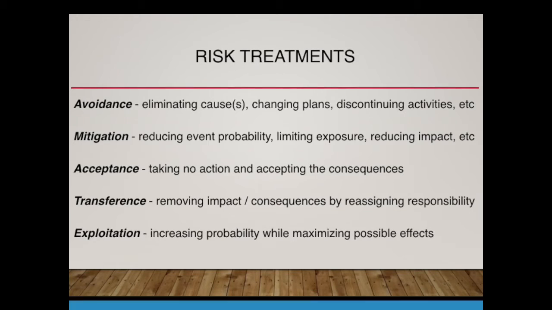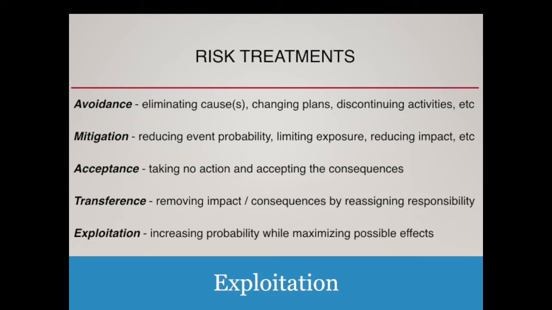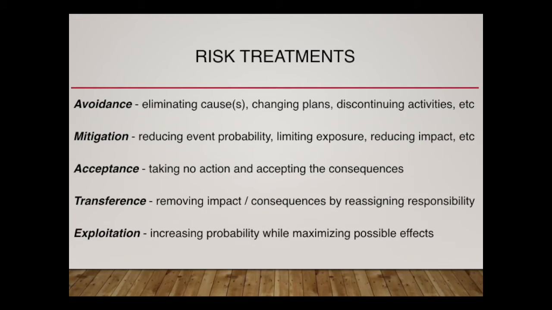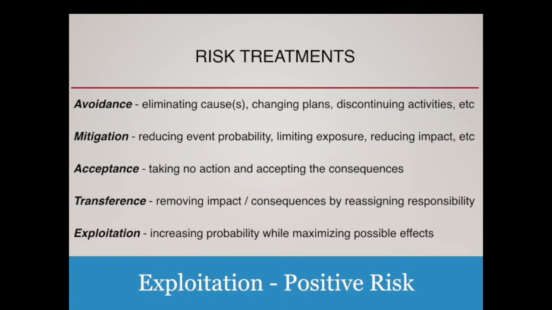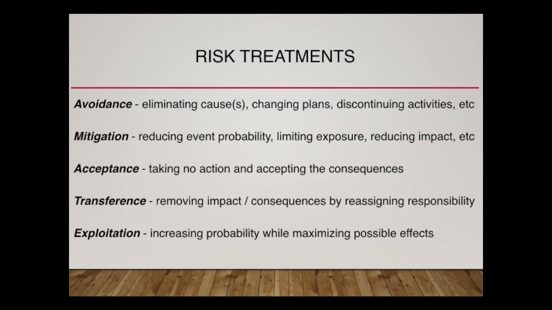And finally, exploitation. Certainly, when we have a negative risk, we are hoping that we can decrease the impact. However, if it is a positive risk, we may very well want to increase the probability and also maximize the possible effects of that positive risk.